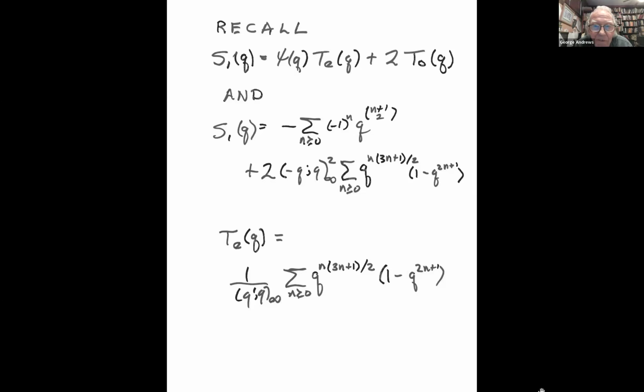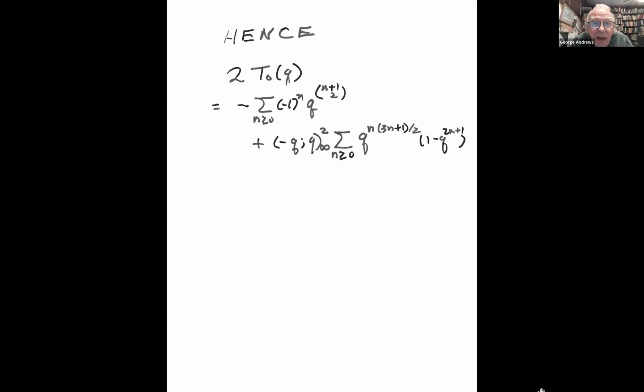And we had that lovely thing that followed from Ramanujan's work. And we also know what the TE of Q is. And so we would need to multiply psi of Q times TE of Q, and we will have a formula then for TO of Q in terms of the series that you'll see on the screen. So hence 2TO of Q is this.